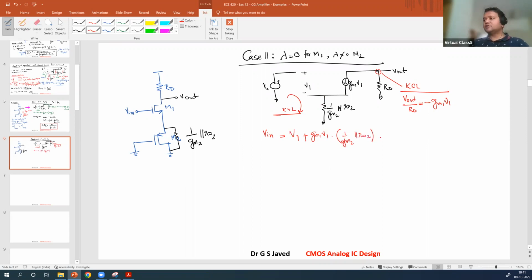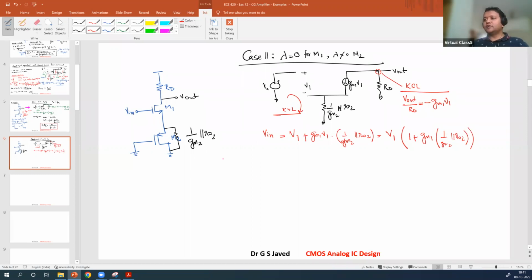Now if you simplify, since there is V1 on both sides, 1 plus GM1 multiplied by 1 over GM2 parallel with RO2. So Vin.